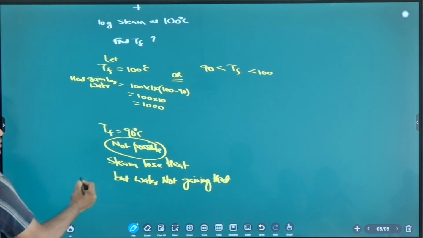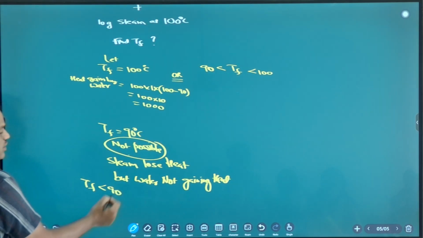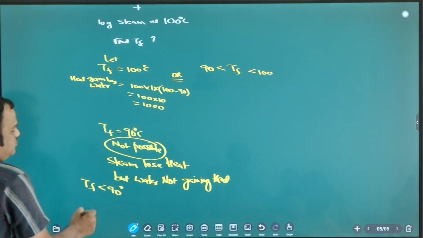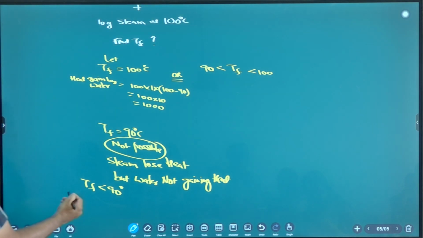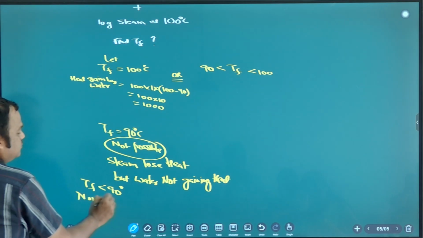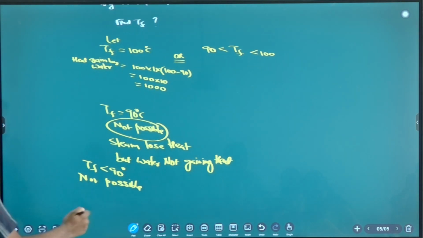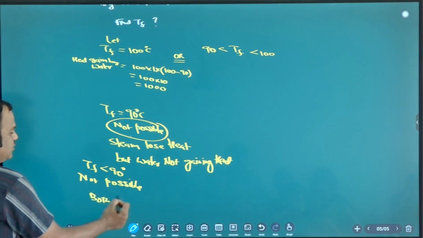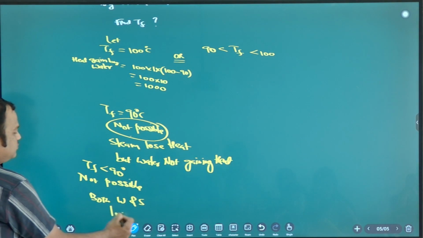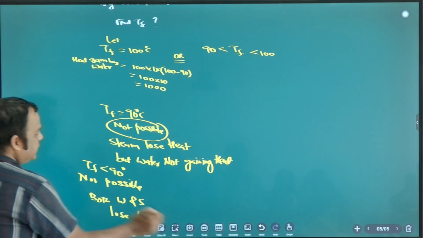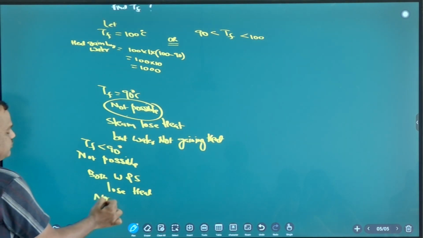Final temperature less than 90, possible or not? Not possible. Why? Both are losing heat, both water and steam. Not possible.